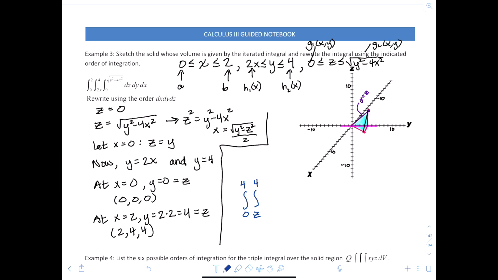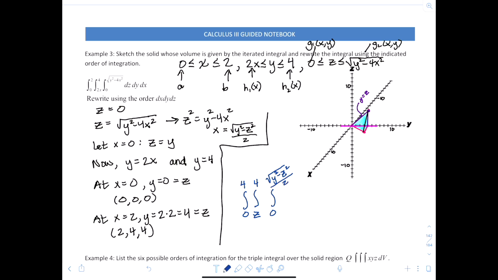And for the x one, the more complicated one, x in terms of both variables, we are going to have x going from 0 to the square root of y squared minus z squared over 2.